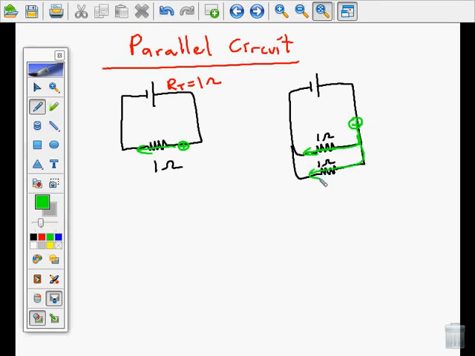Since there's twice as many ways to get through, guess what's going to happen to the total resistance? Nope. It goes down. It's going to be half. So over here, the total resistance is 1/2 ohm. Kind of like a wire.